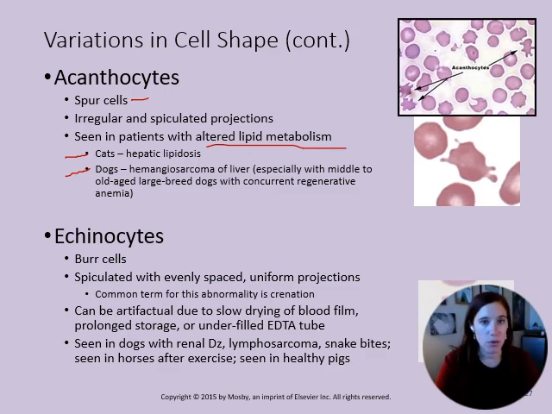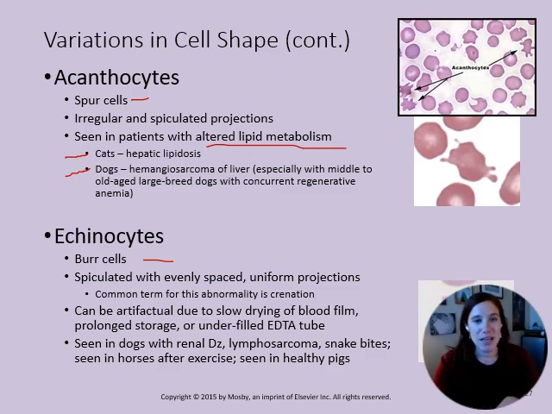Echinocytes are known as burr cells, not spur, burr cells, and they're going to have spine-like projections as well, but they're going to be more uniform and evenly spaced out. A common term for this abnormality is crenation. Remember we had those red blood cells in the urine and they were crenated.